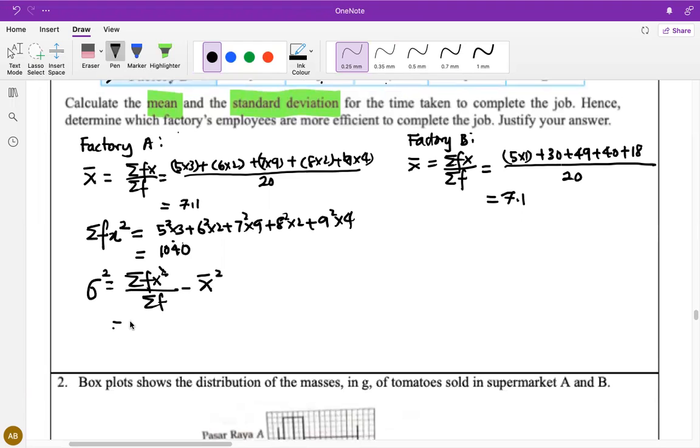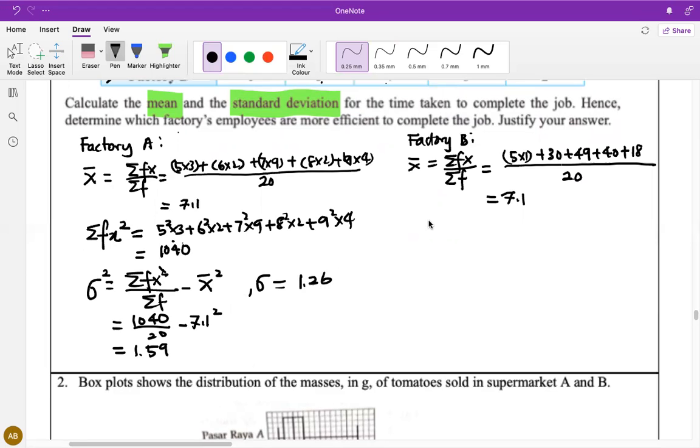So you get 1040 divided by 20 minus 7.1 squared. So you get 1.59. Right, so the standard deviation is the square root of 1.59, which is 1.26.